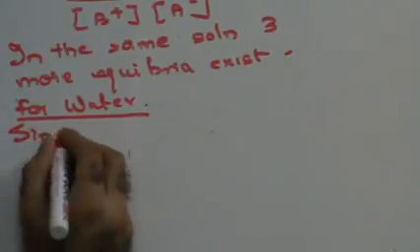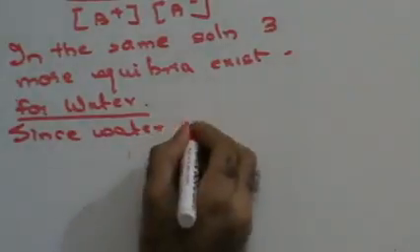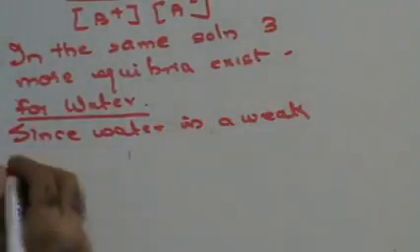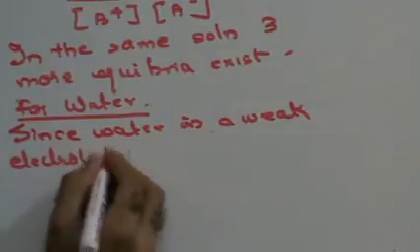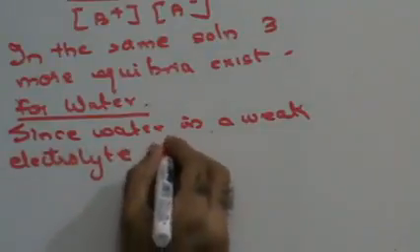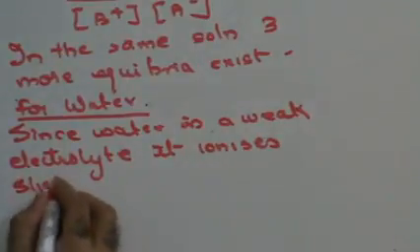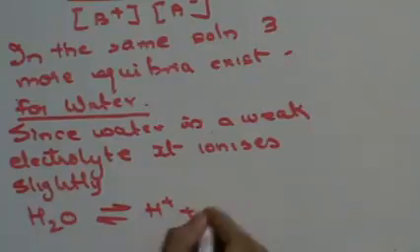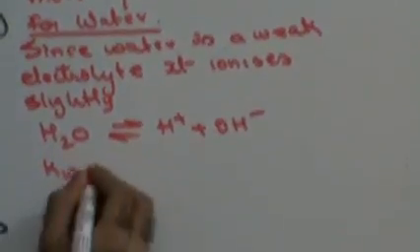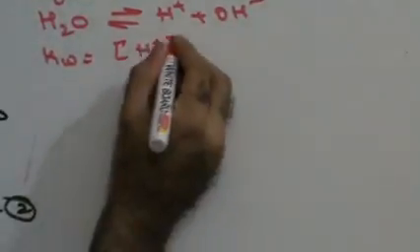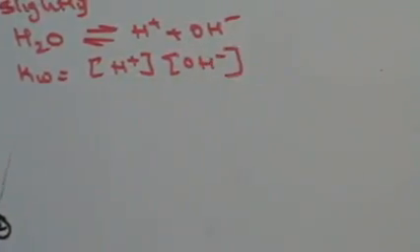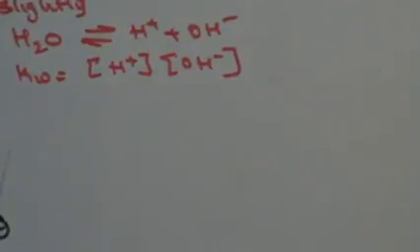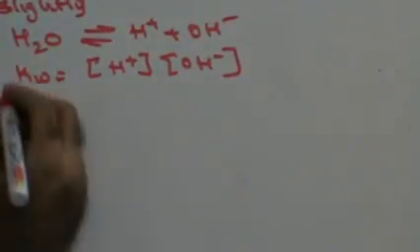For water, since water is a weak electrolyte, it ionizes slightly. So H2O ionizes to give you H plus plus OH minus. So this ionic product of water will be active mass of H plus into active mass of OH minus. Then for weak acid, all the 3 derivations are replica of each other.